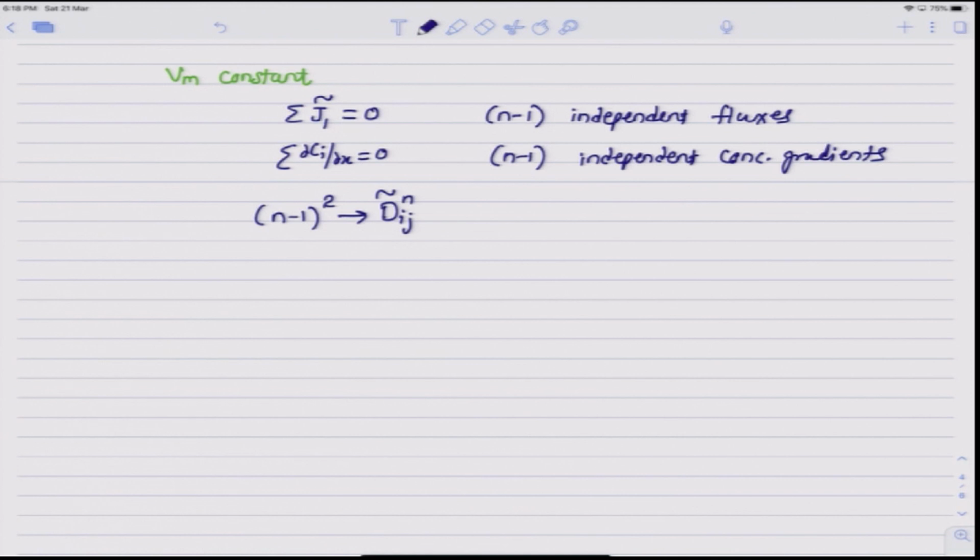But as we have seen, for intrinsic diffusion sigma J_i is not equal to 0 because we need to consider the net vacancy flow also, or the term related to J_V, the vacancy flux. And so we have n independent fluxes. The constraint on gradient will still apply, and so instead of (n minus 1) squared we have n times (n minus 1) intrinsic diffusion coefficients.